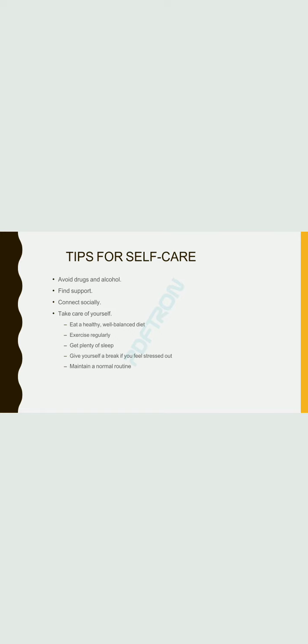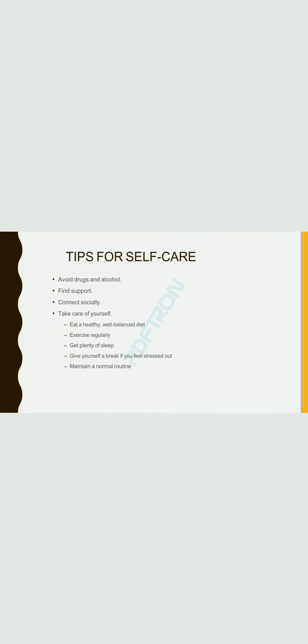You may find support, for example, social groups, your friends, your parents, any person with whom you feel comfortable. Connect socially, take care of yourself, eat a healthy, well balanced diet, exercise regularly, get plenty of sleep that is required, because you feel so much stressed out.